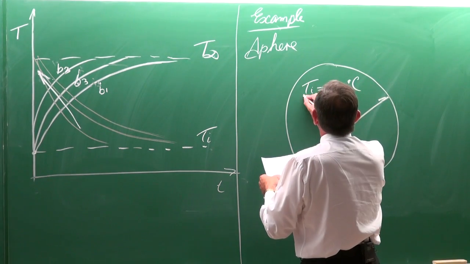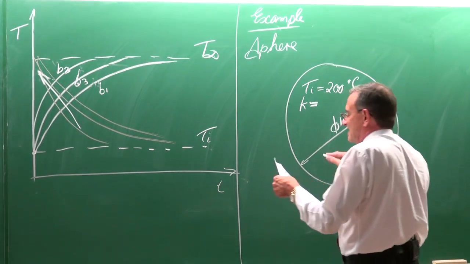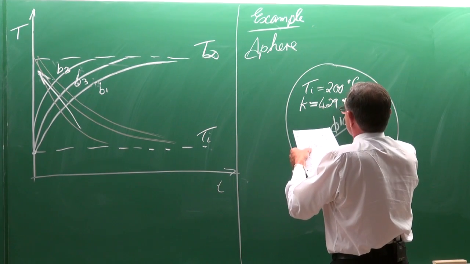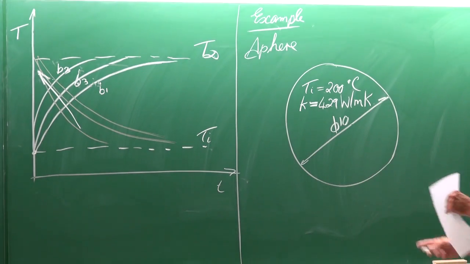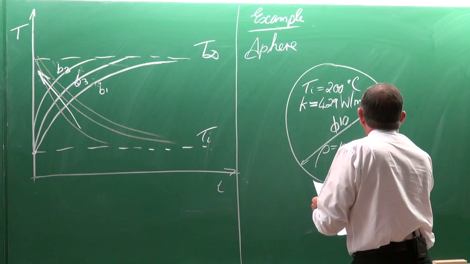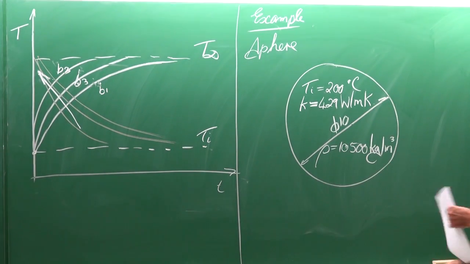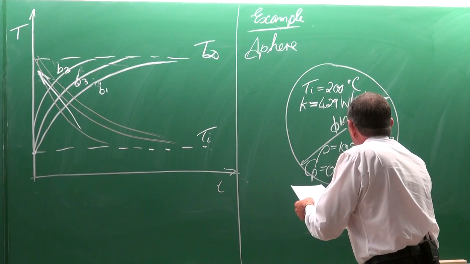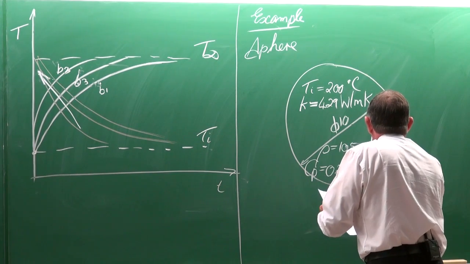It's made from silver, so you can look in the tables. The K value for it is equal to 429 watts per meter Kelvin. And the density is 10,500 kilograms per cubic meter. And the Cp value is equal to 0.235 kilojoules per kilogram Kelvin.